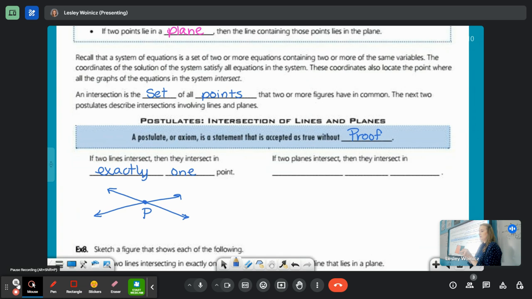If 2 planes intersect, they intersect in a what? Are they just touching in 1 point? Or are they touching here and here and here and here and here and here and here? In 1 line, exactly 1 line, good.